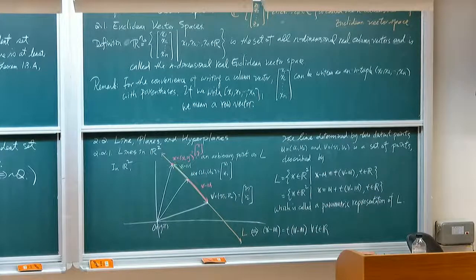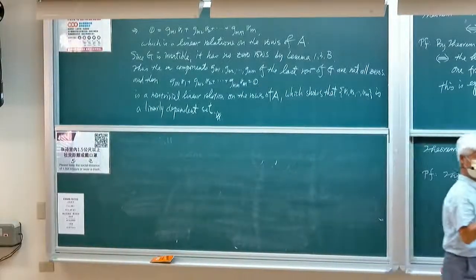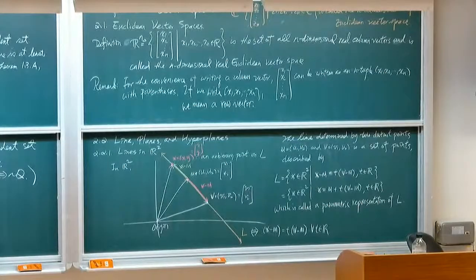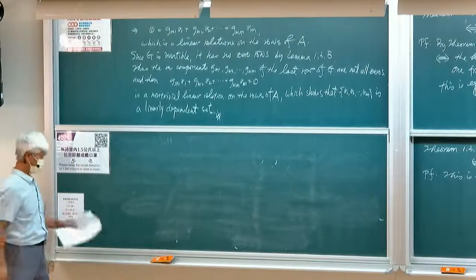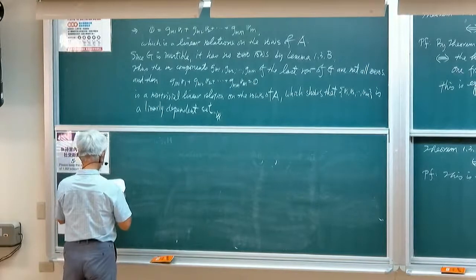All right, this is one of the possible descriptions of a line determined by two distinct points. This is one way to describe it. Now we would like to describe a way related to linear algebra.